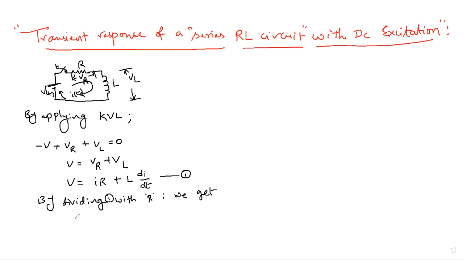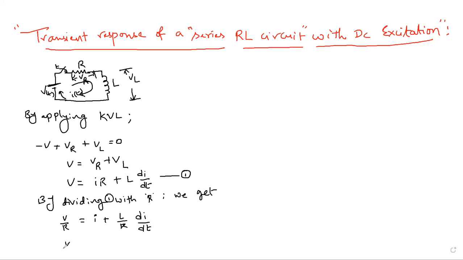Don't write yet, I will give the time. V by R equals I plus L by R into di by dt. So L by R into dI by dt.